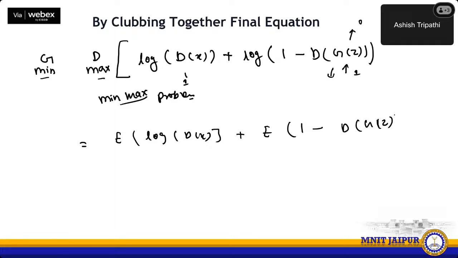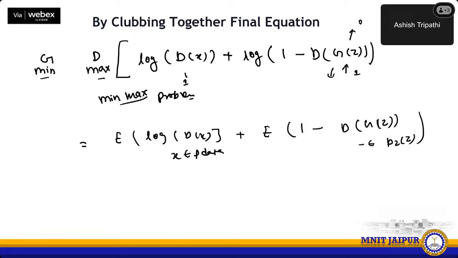This is for one sample and this is for the entire sample, where z belongs to the probability distribution given by the generator, and x belongs to p of data, that means the probability distribution of the original data.